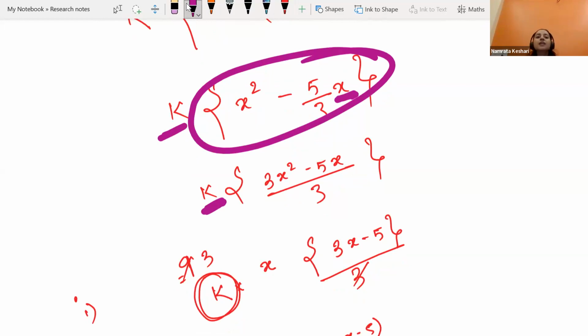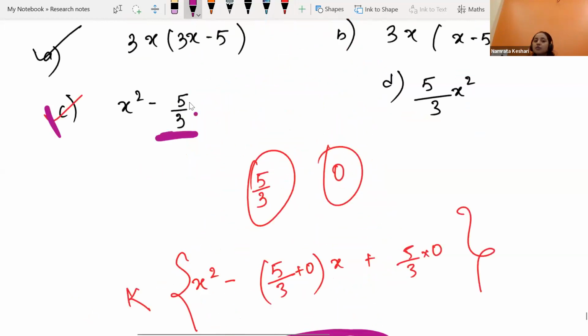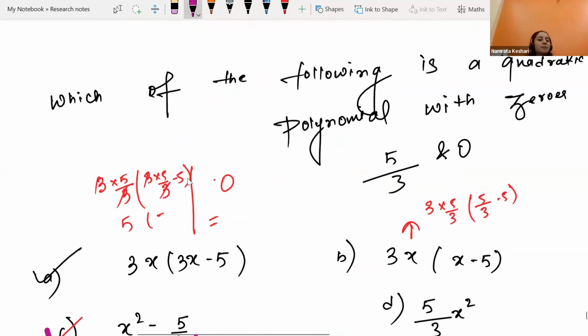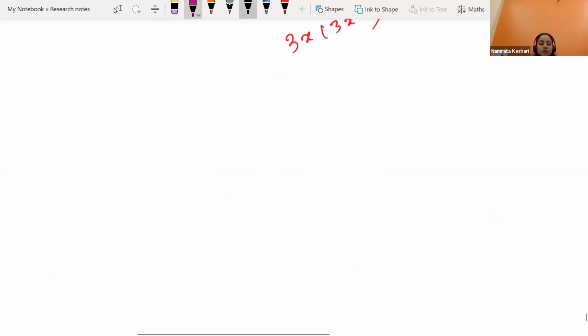There are infinitely many polynomials which will give zeros as 5 by 3 and 0. That's why we will always take k. But for this particular question, your way is the best way to check it. Just take the zeros, put them in the polynomial, and you are done. Is it okay? Yes, ma'am.